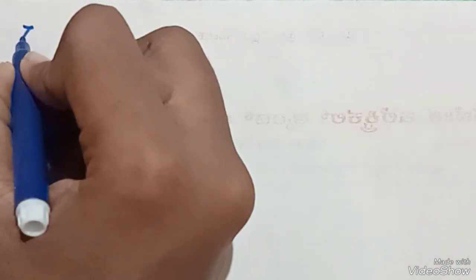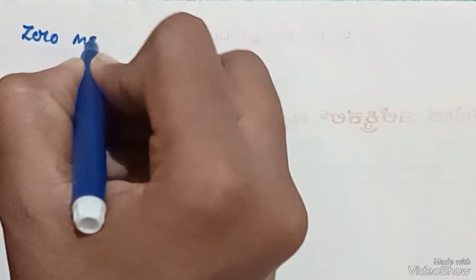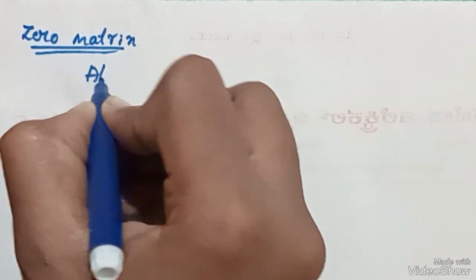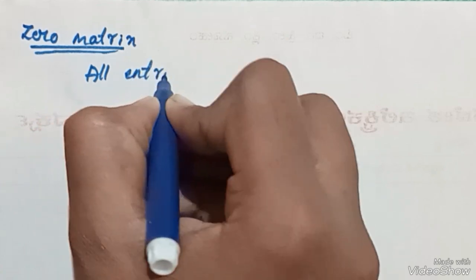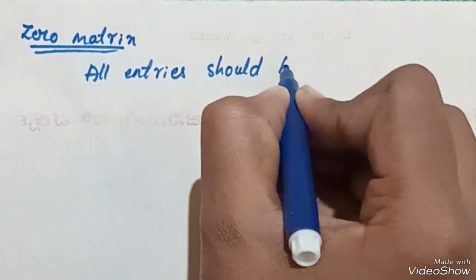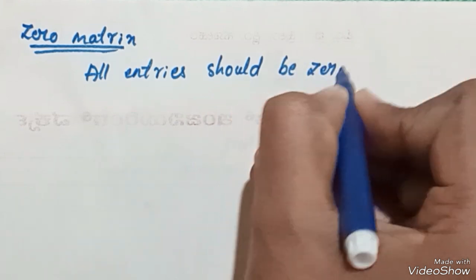Here all the matrices are completed now. Finally, 0 matrix means all entries should be 0.